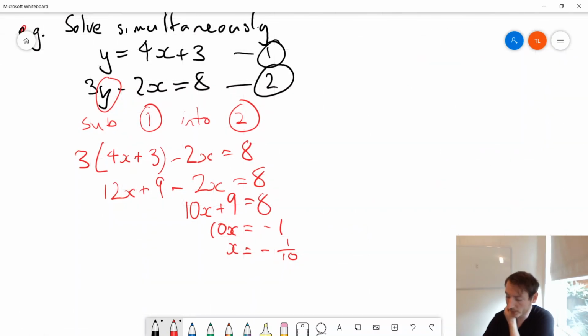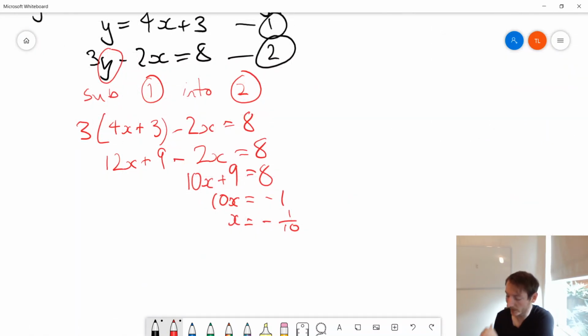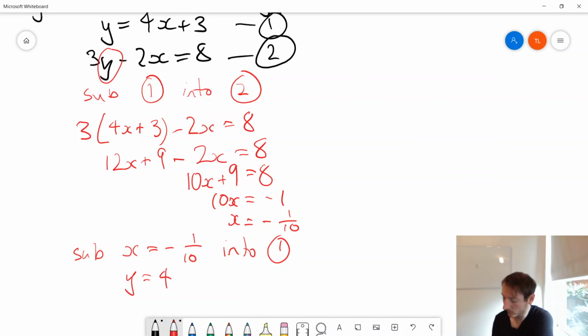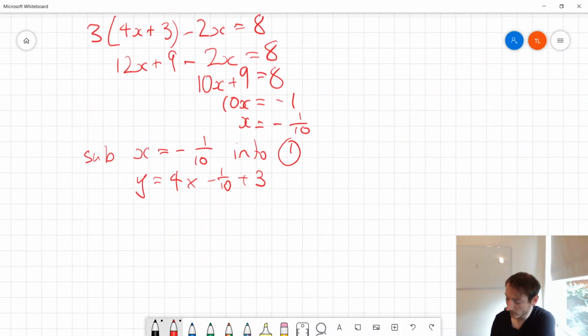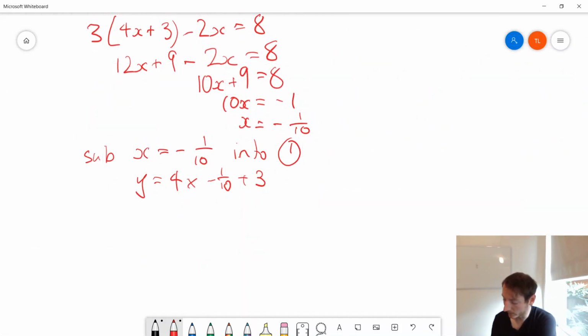Alright, I would put it into the first one. Just looks a bit easier. Sub x equals negative 1/10 into number 1, y equals 4 times negative 1/10 plus 3. What's that? Negative 4 over 10. So we're taking that away. It's 30 over.